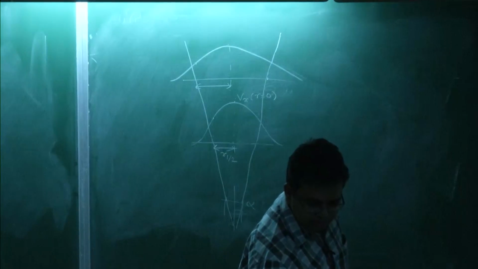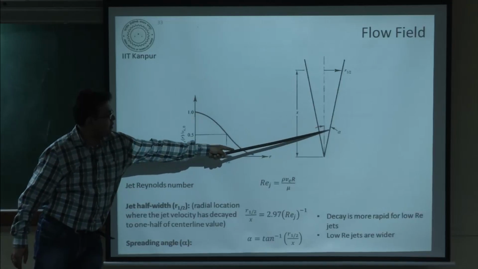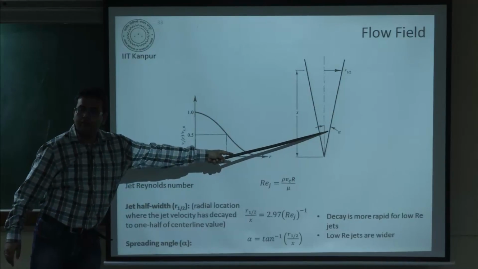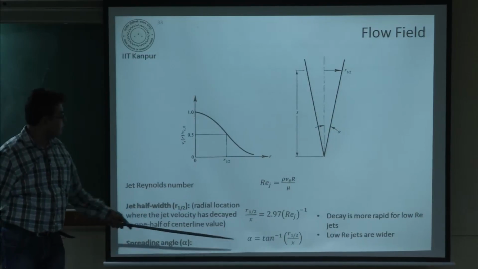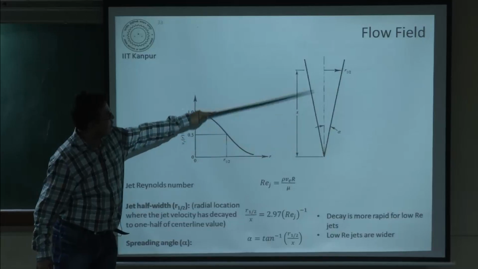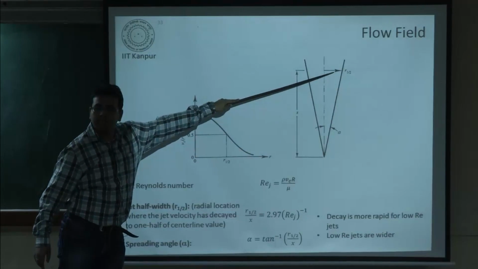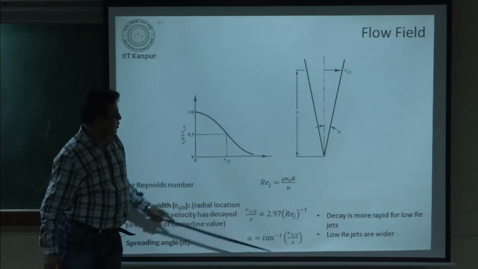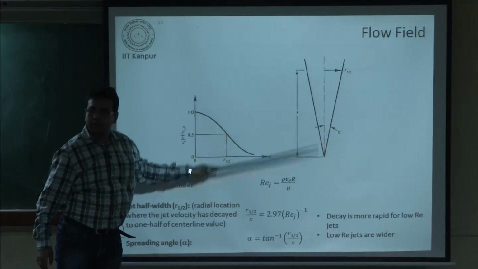So I think I have a slide here. Yes, this angle is basically your spreading angle. You can derive an expression for this, and it is simple. This is your downstream distance x and this is your r half at that x location. So the angle alpha will be tan inverse of r half by x.